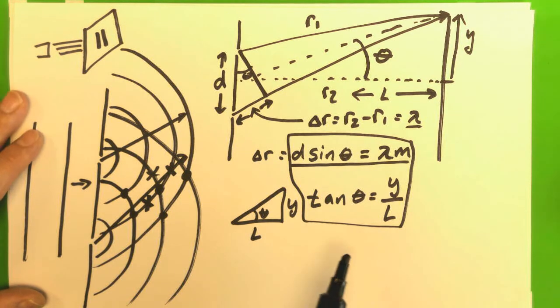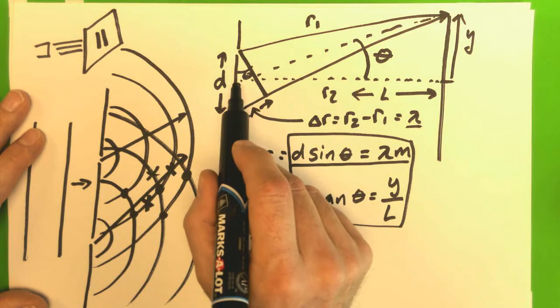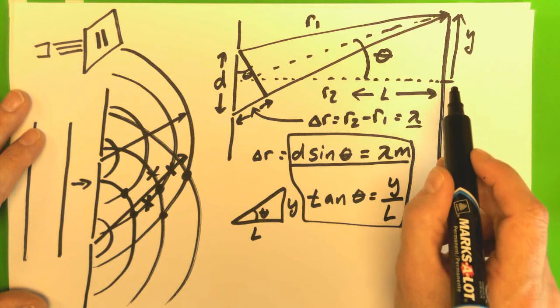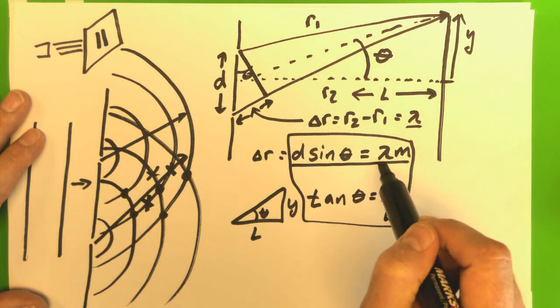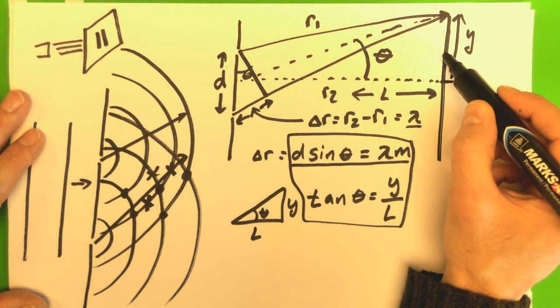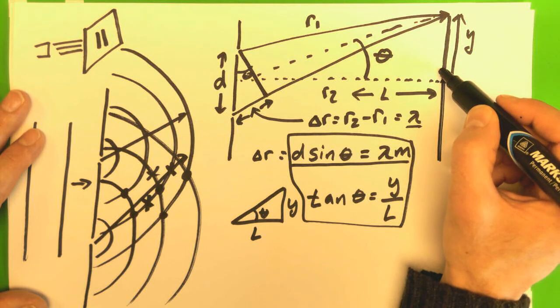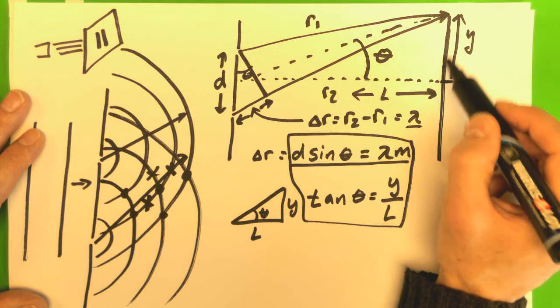Okay, we're going to take this one step further before leaving and say, well, very often we're measuring very, very far away, and because the wavelengths are so small, we don't have to go very far from here to get the first bright spot, the next one associated with 2 lambda, and so on and so forth. We don't go very far.